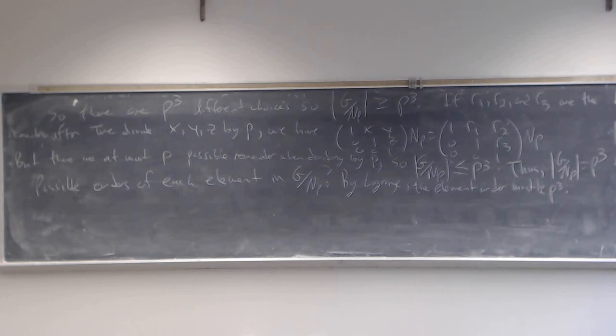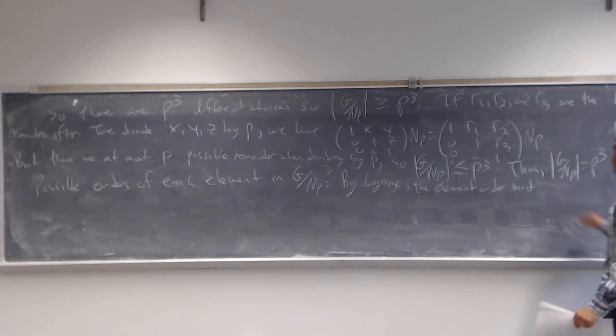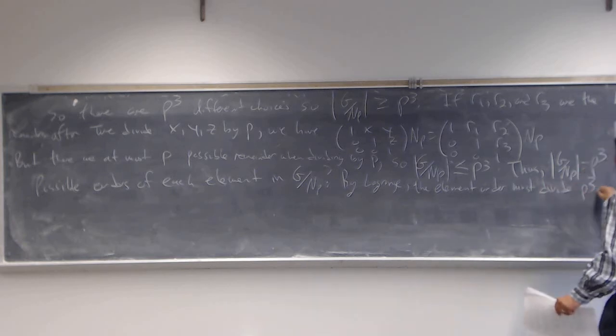But remember, the order of an element in a group is the same as the order of the cyclic subgroup generated by that element. Since the order of a subgroup, cyclic or otherwise, must divide the order of the group, the order of the element must also divide the order of the group. Lagrange doesn't say what it's equal to. It must divide p cubed.